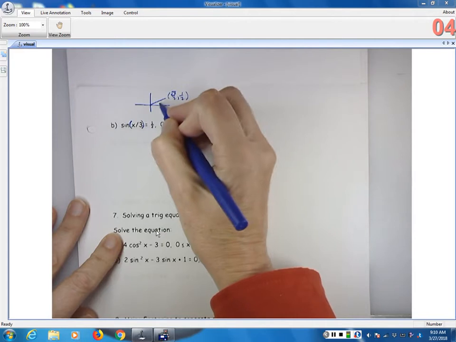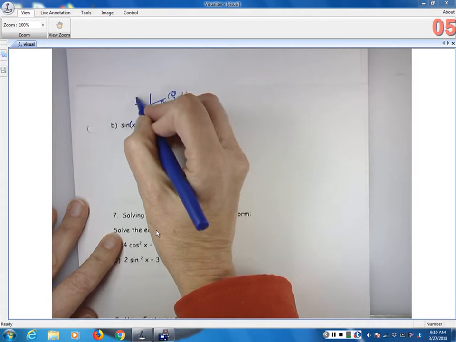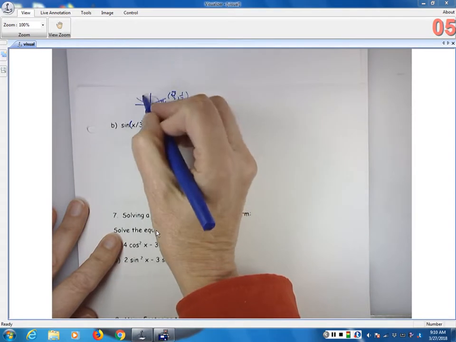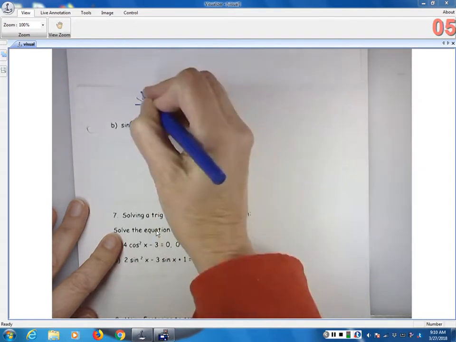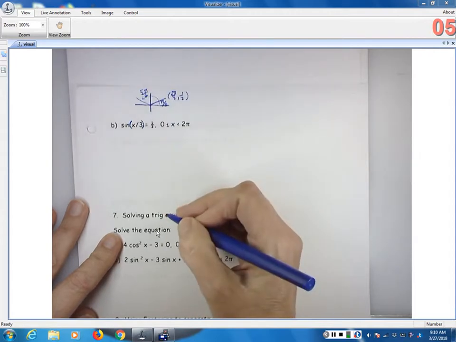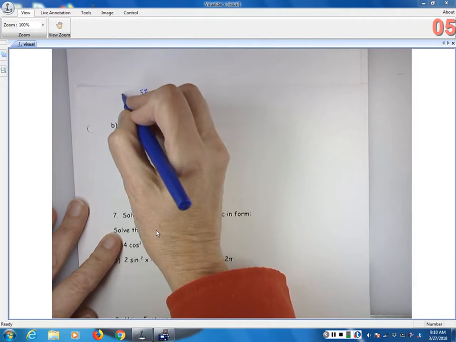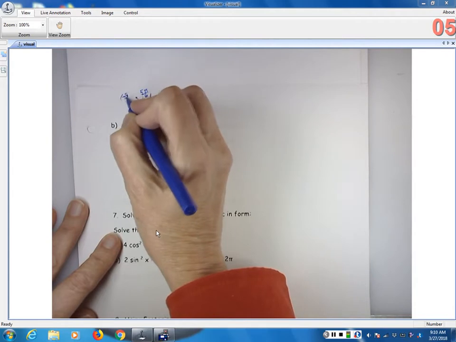Sine is 1/2 at pi over 6. And sine is 1/2 at 5 pi over 6. It's also, here we have minus square root of 3 over 2, 1/2.